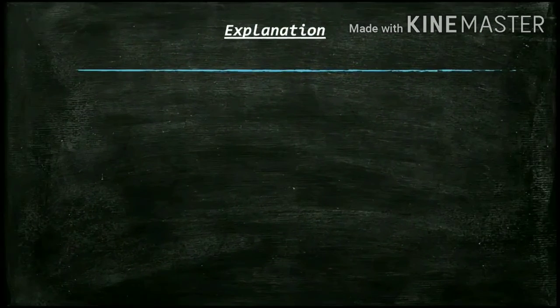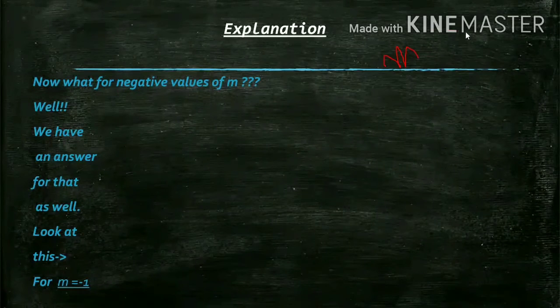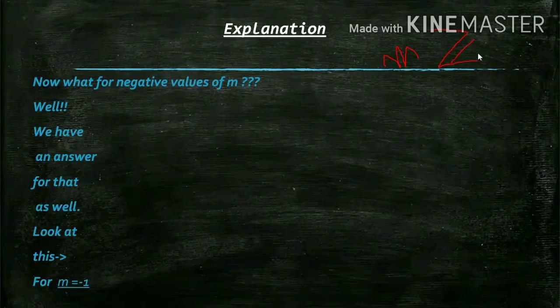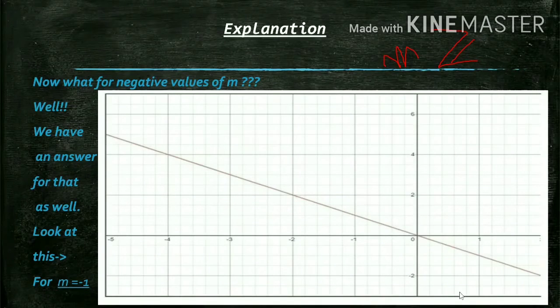Now, what about negative values of m? So m can be negative as well, right? Because m belongs to Z, and Z contains negative as well as positive values. We have an answer for that, and the graph for m equals -1 would be this.